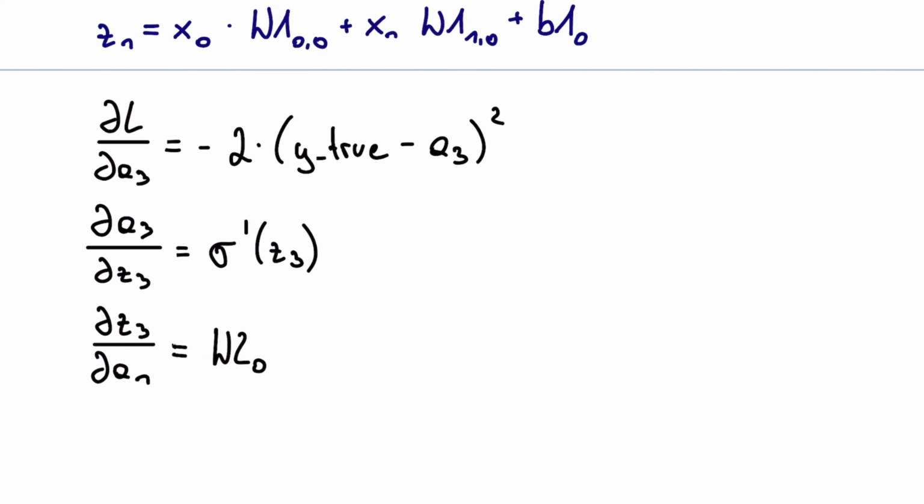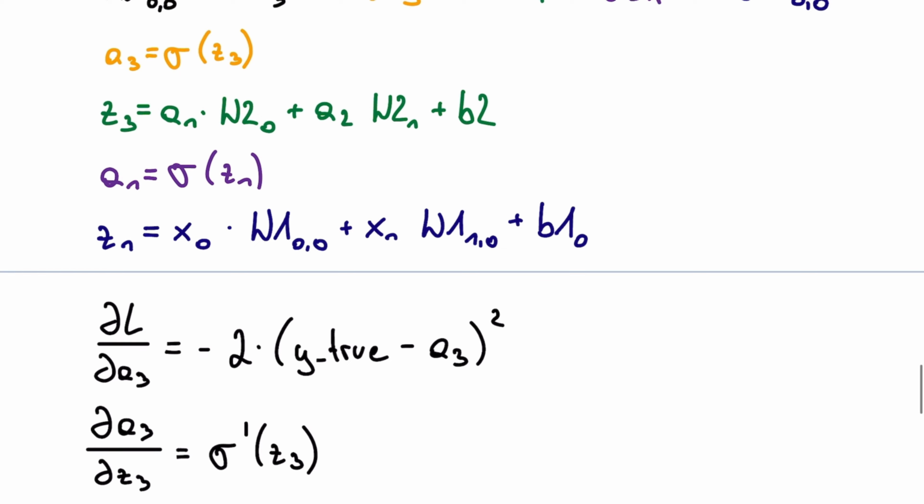dC3 by dA1 is simply W20, because C3 equals A1 times W20 plus A2 times W21 plus B2.